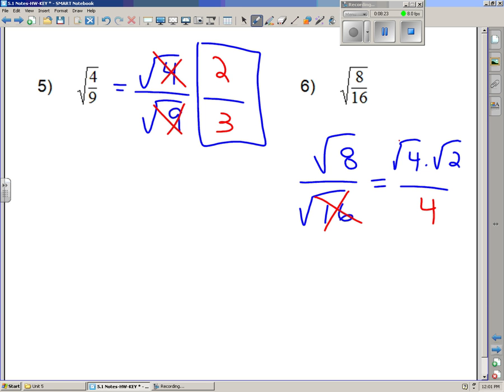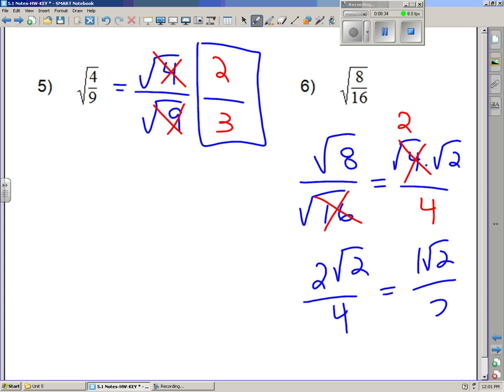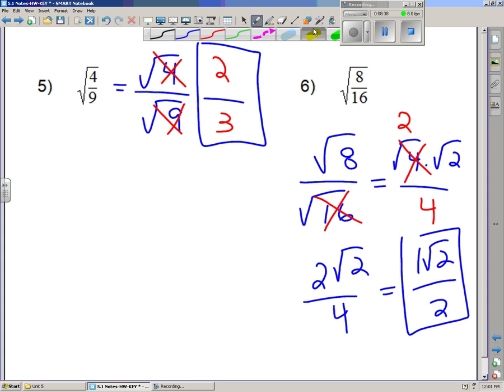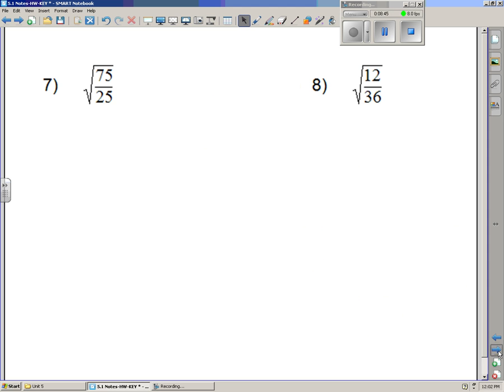Well, the square root of 4 is just a 2. So that leaves me with this, 2 rad 2 over 4, but that then becomes 1 rad 2 over 2. Wherever you can simplify stuff, you need to, and you can only simplify things both in the radical or both out of the radical.